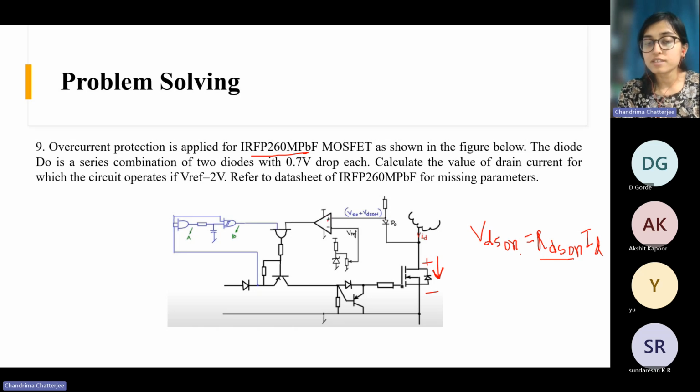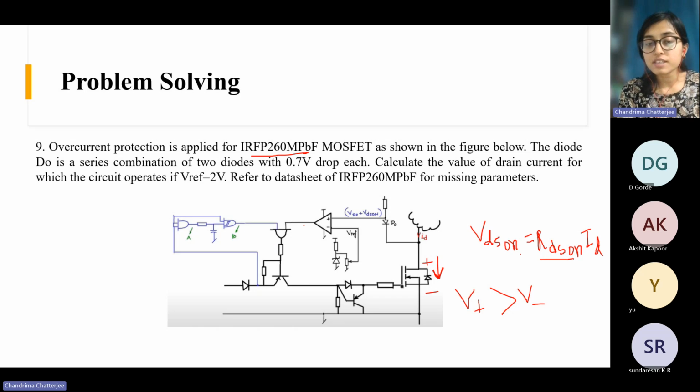This is the plus terminal, this is the minus terminal, and with the minus terminal some reference voltage is there. This is some circuitry where we are getting some Vref, the reference voltage. This comparator works like this: if the voltage at the positive terminal is greater than V negative, then the comparator output will be high, right?